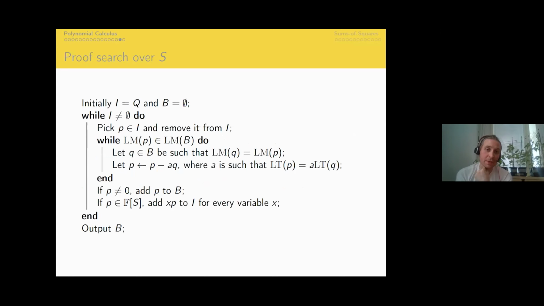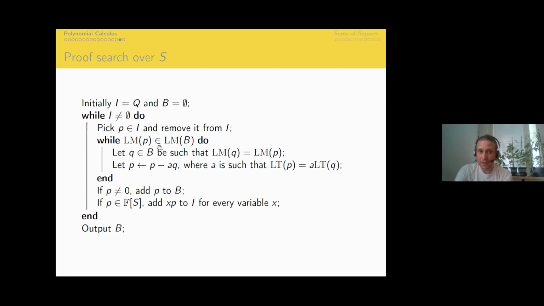And the algorithm is a modification of the one by Edmonds and Impagliazzo. So basically you start with your axioms and want to build this basis. At each step you take some polynomial from this set I and look at its leading monomial.